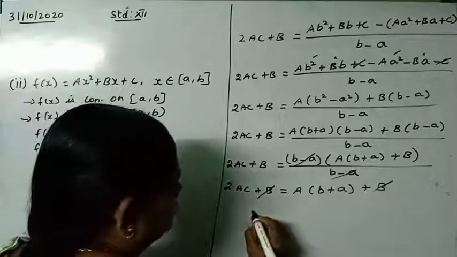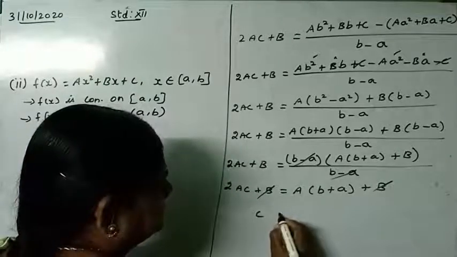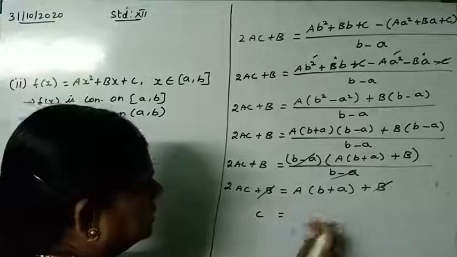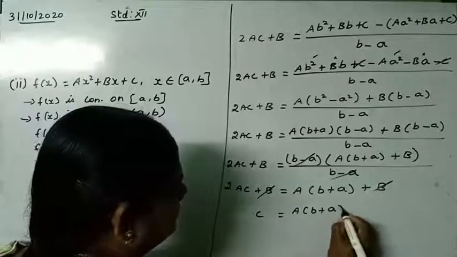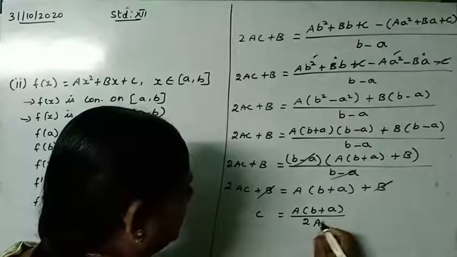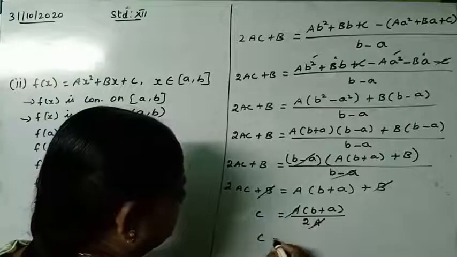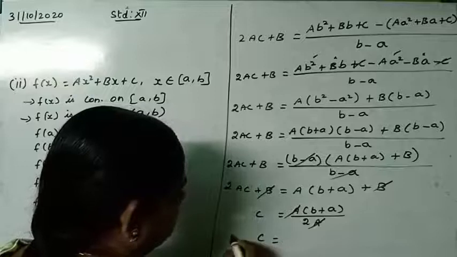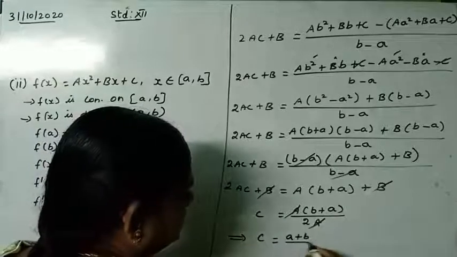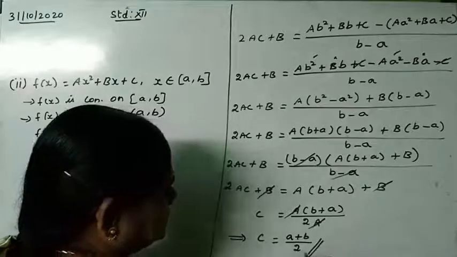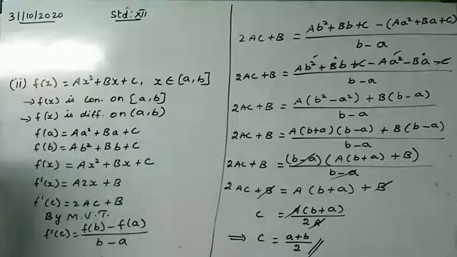Therefore 2ac equal to a into b plus a, so c equal to a into b plus a by 2a. Now a gets cancelled, so c is equal to, since it is positive, we can write a plus b by 2 is the answer, hence proved. Now let's go to the next problem.